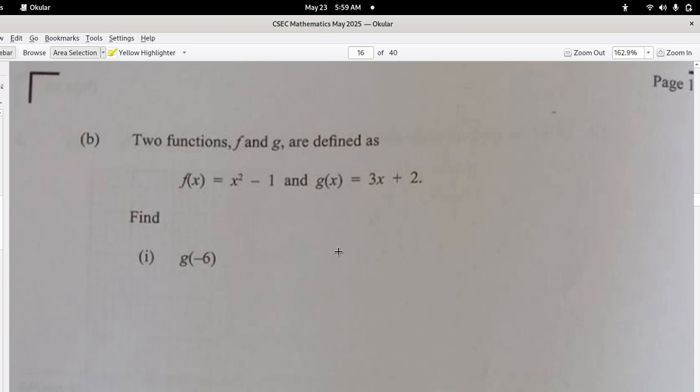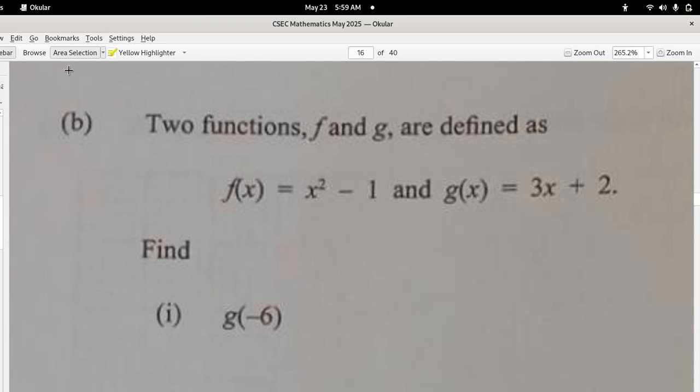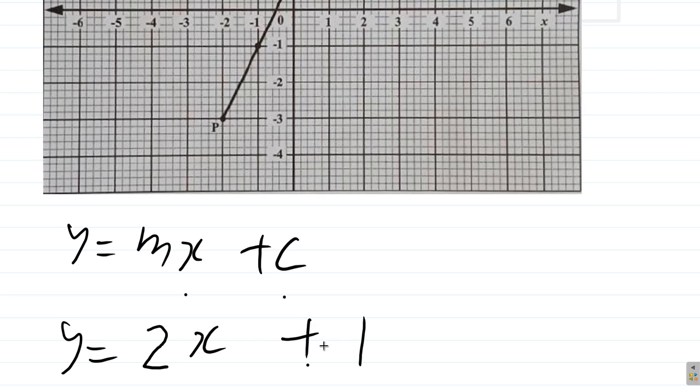Oh, this part is a function question. The functions f and g are defined as, and you have them here. Let's copy this and put it over on the other screen. Let's erase these things and put this here.